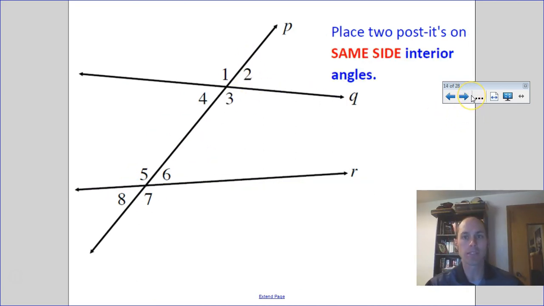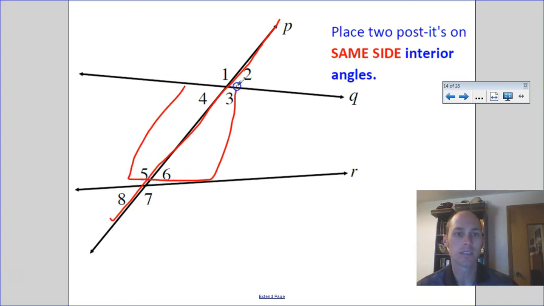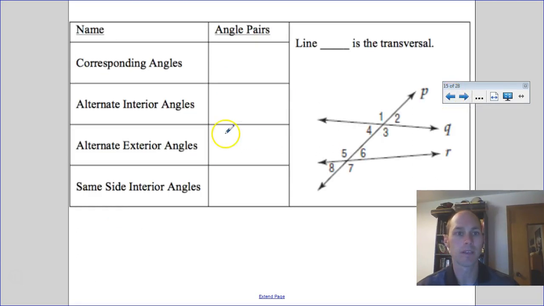Okay, so if we're talking about same side interior, well, if this is the transversal and here are the interiors, which ones are on the same side? Hey, how about 3 and 6? Hey, what about 4 and 5? Yep, you're right. So same side interior, we could say angle 4 and angle 5. And we could also say angle 3 and angle 6.